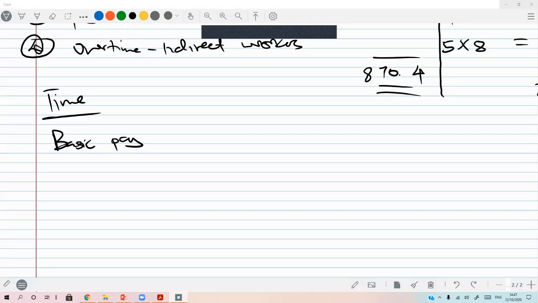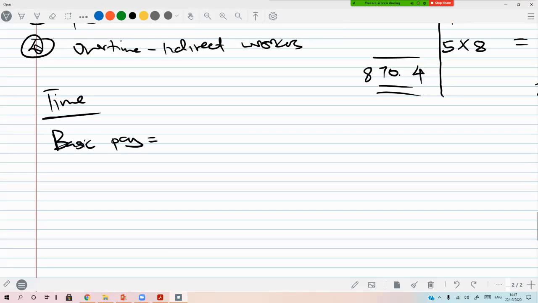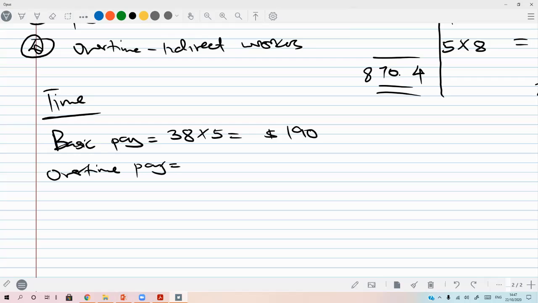to this employee is equal to the number of hours, which is 38 hours per week, at a rate of $5, to give us how much? $190. Then we are told that we'd have overtime. So the overtime pay includes both the premium as well as the overtime hours on the basic rate.